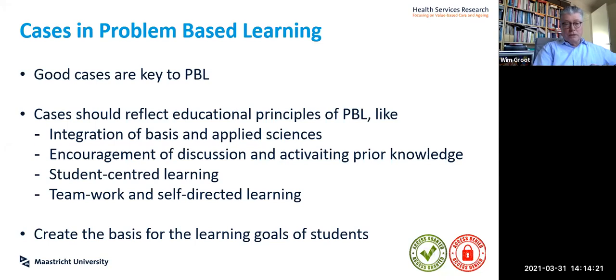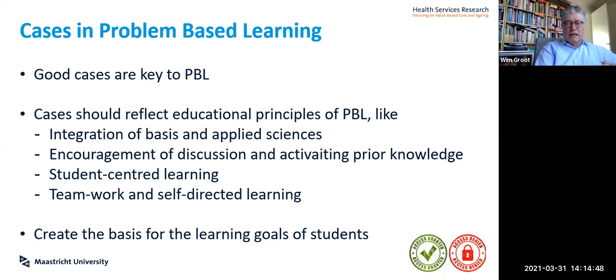The case should be focused on student-centered learning. PBL is not only small-scale teaching, but also student-centered teaching. So it should also reflect the interest and the learning environment of students.